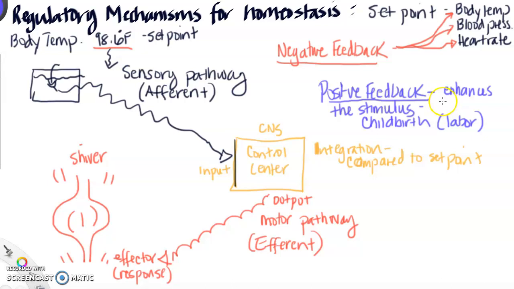That will cause the hypothalamus to secrete more oxytocin. Oxytocin will go to the uterus, cause the uterus to contract again, and it will do that faster and faster and harder until baby is born.